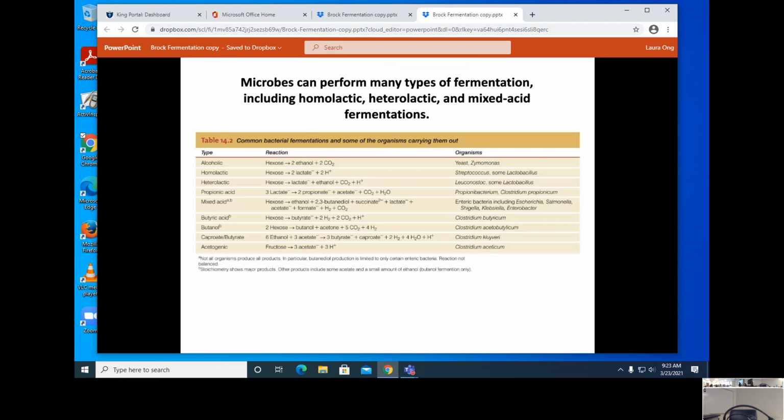And a couple of ones that I want to highlight the definitions of: homolactic and heterolactic.